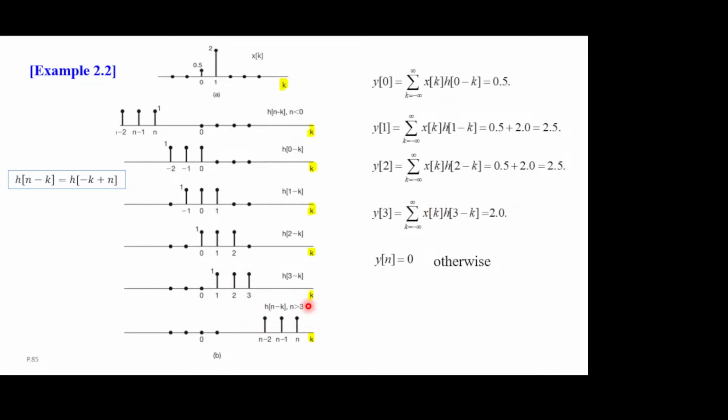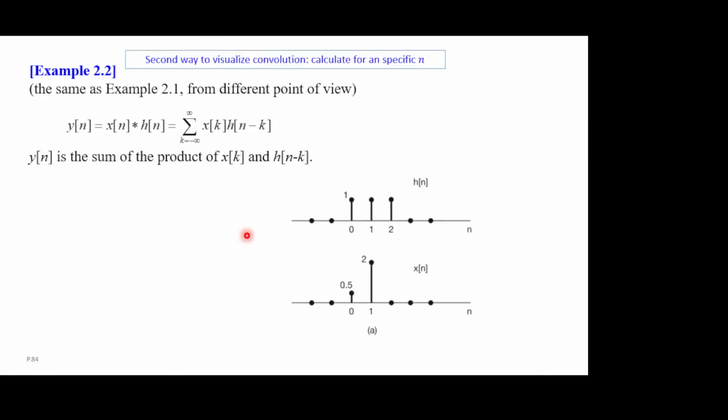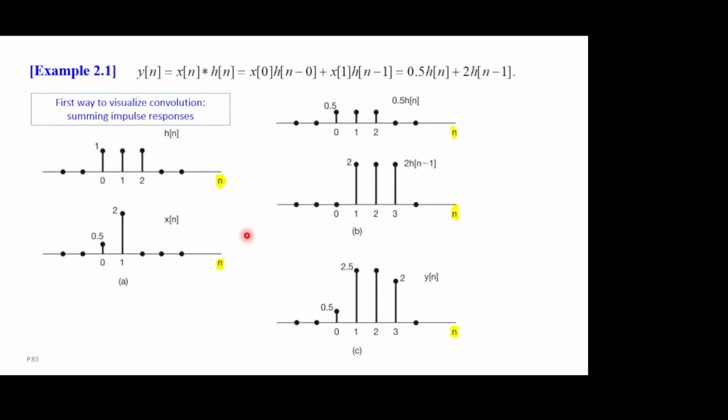And when you are even further away, this s of k and this h of minus k have no overlap, so it's just 0. And anyway, we see that we get the same result, the 0.5, 2.5, 2.5, 2, as we expected.